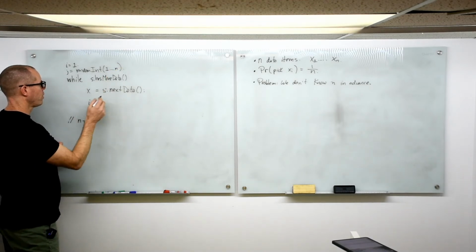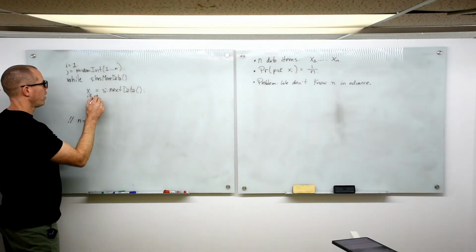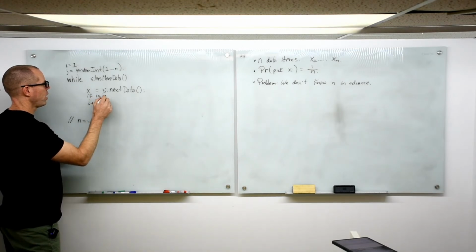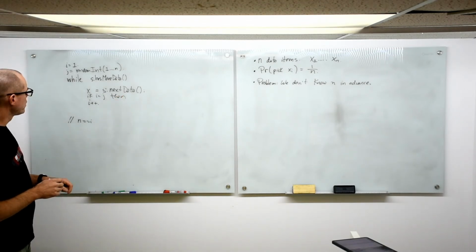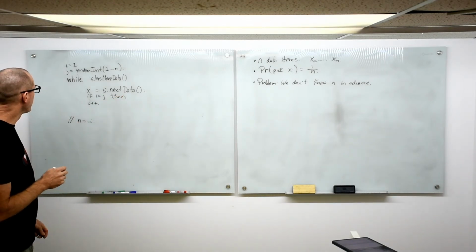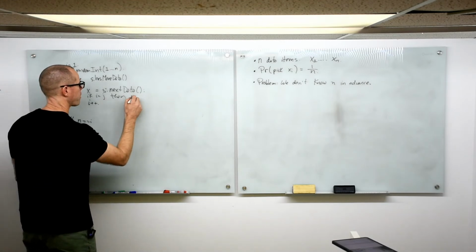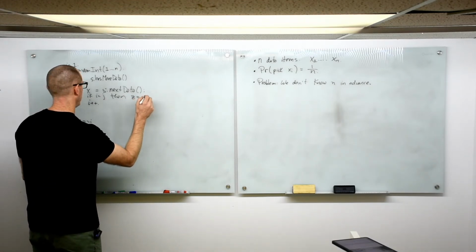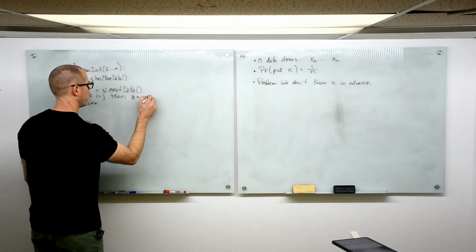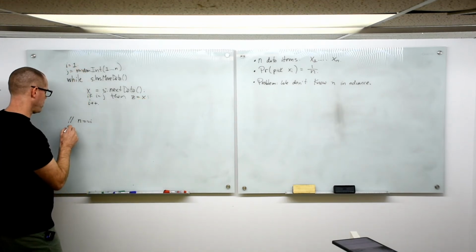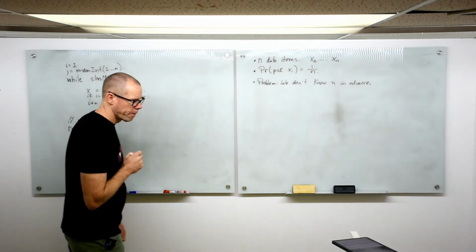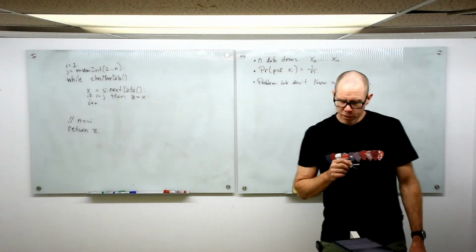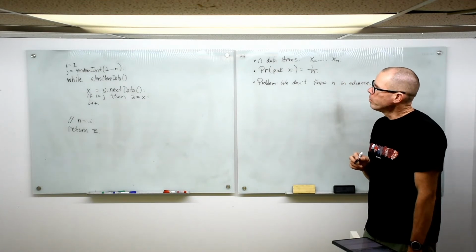And then here I would say, if i is equal to j, then I save this thing. Let's give it a name, z is equal to x. And then finally return z.